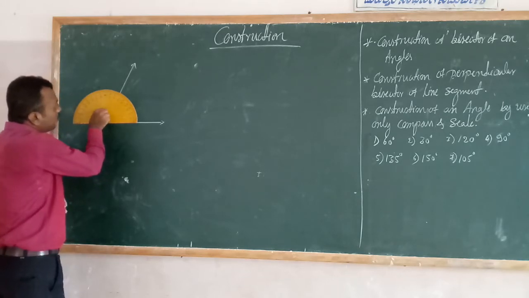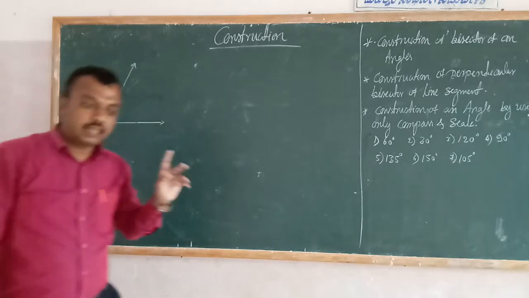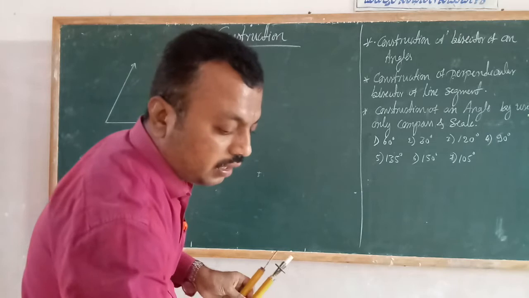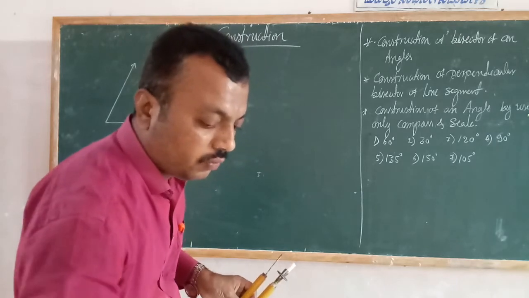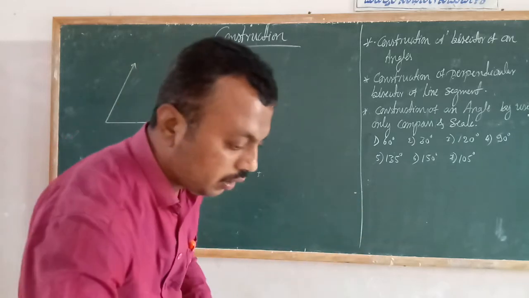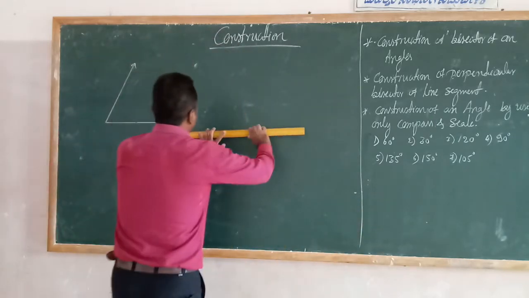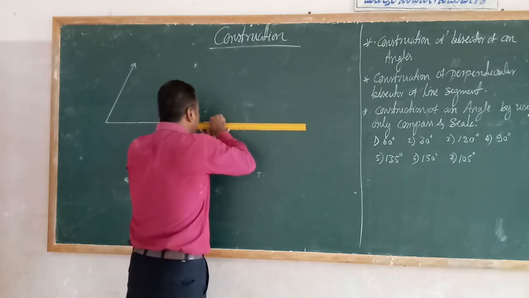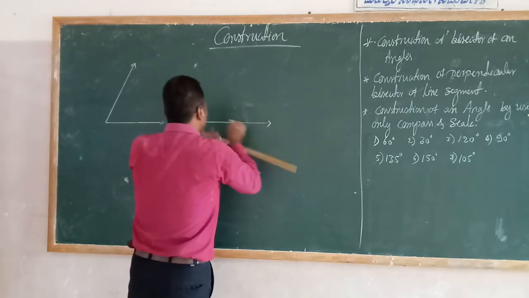Okay, 63 degrees. Likewise, we will construct a 63 degree angle. So let me start. First of all, I will draw one line, the same line.